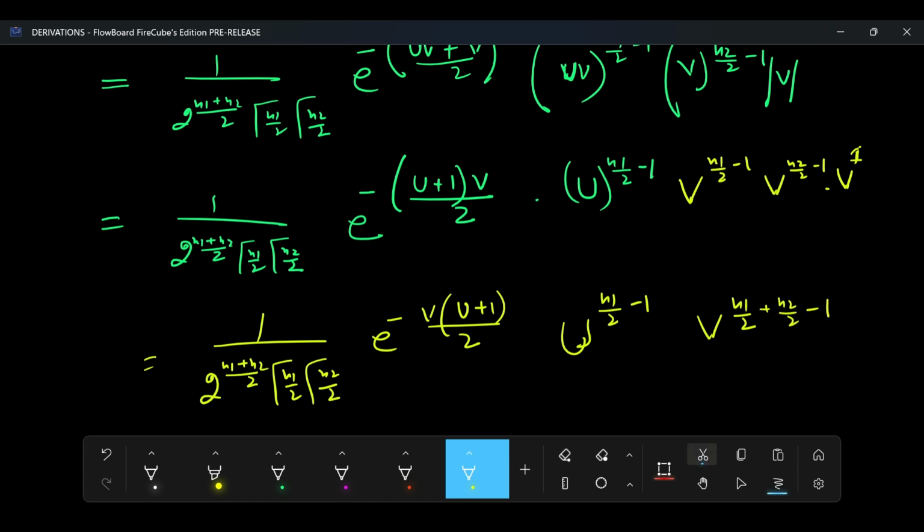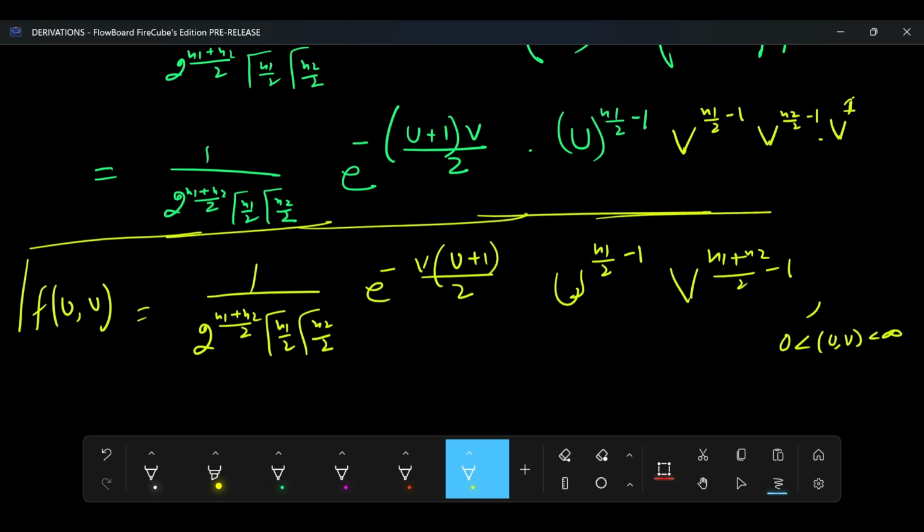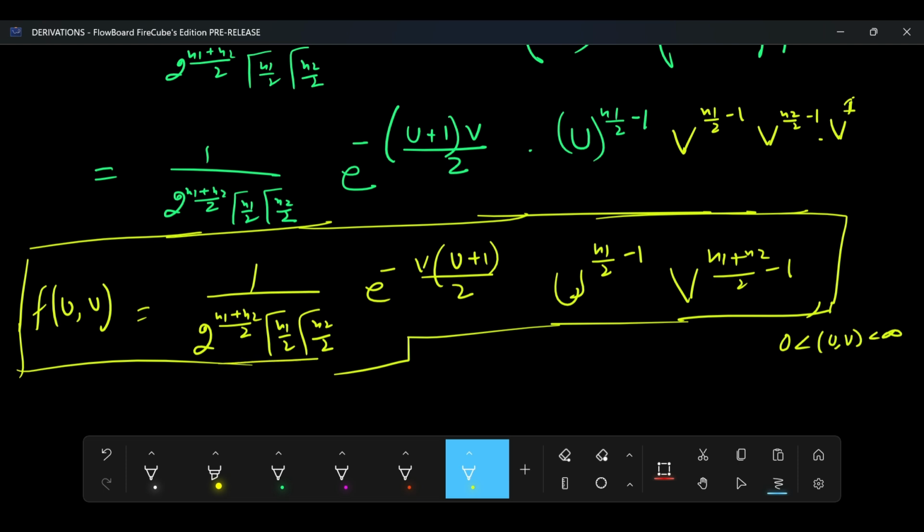So this is simply v^((n1+n2)/2 - 1). Clear? So f of u comma v is between this and this. This is your new function, that's f of u comma v.